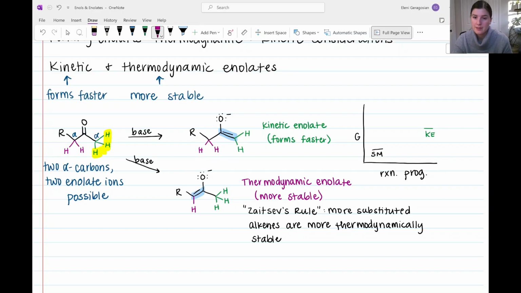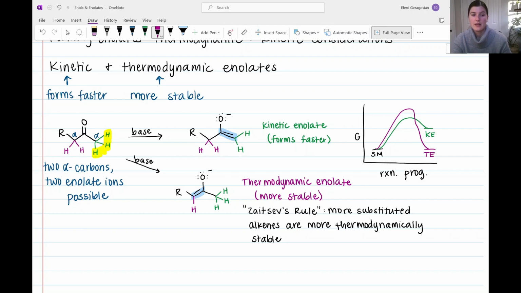But the thermodynamic enolate is a more energetically stable product, so that will exist at a lower energy than the kinetic enolate. So if the kinetic enolate requires this much activation energy, relatively, the thermodynamic enolate might require more, but we're producing a more stable product.